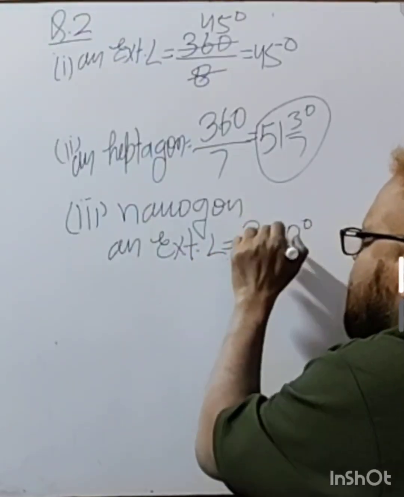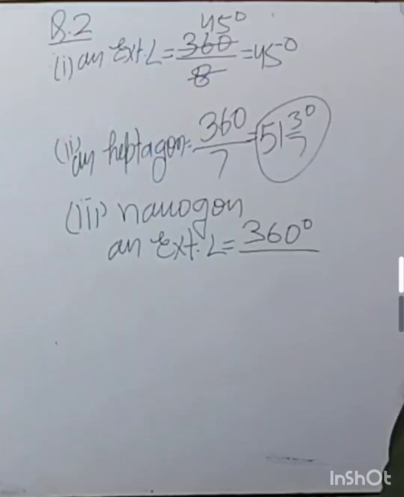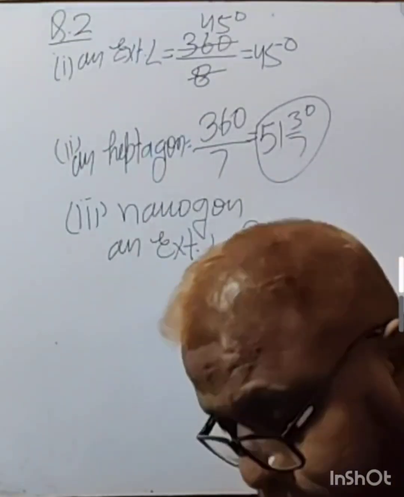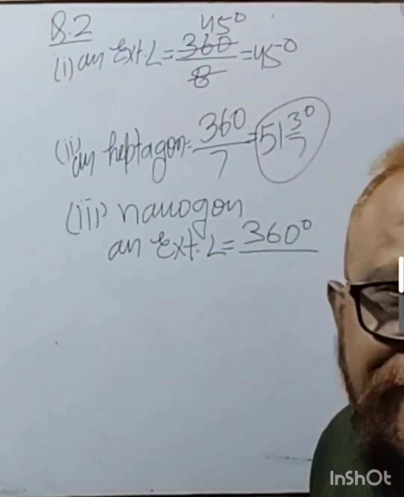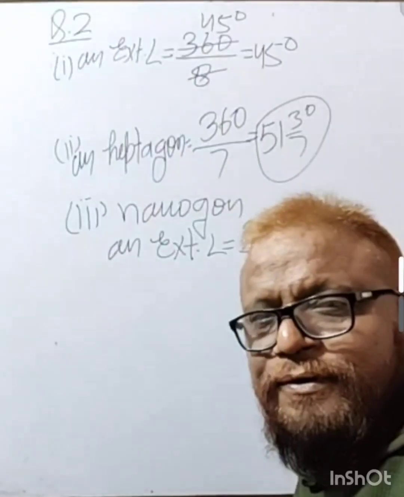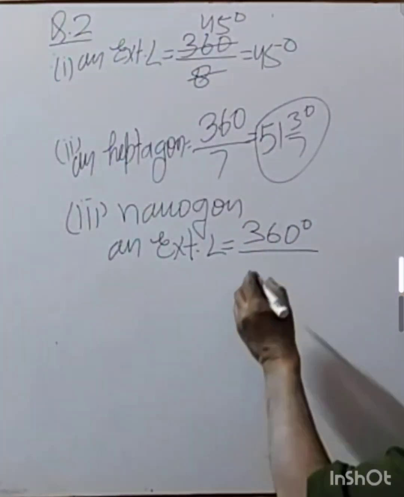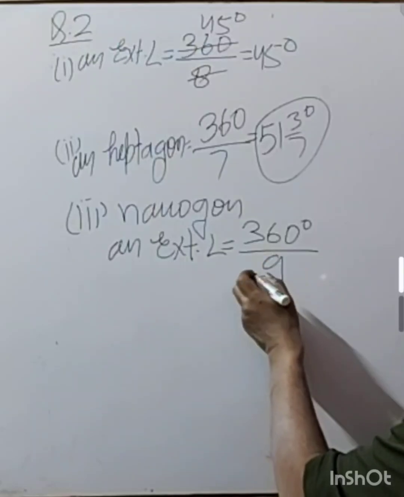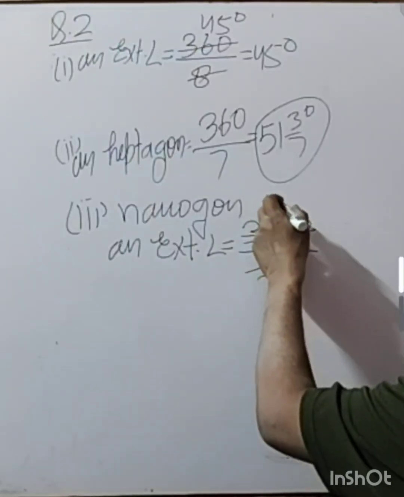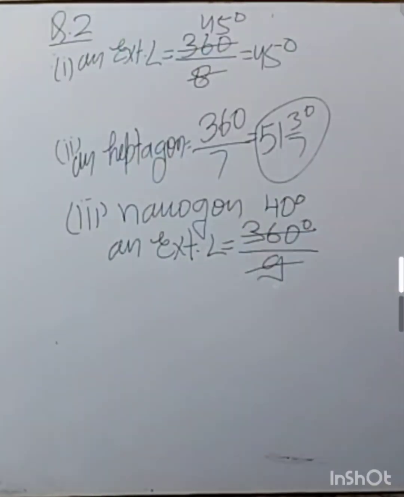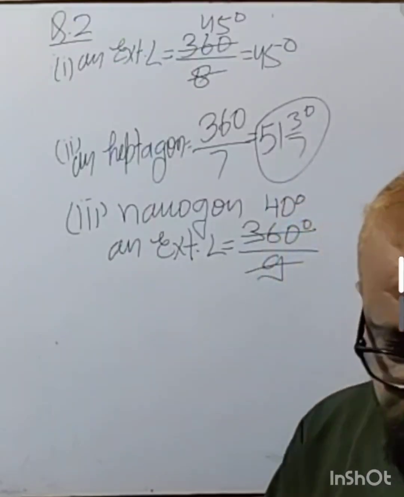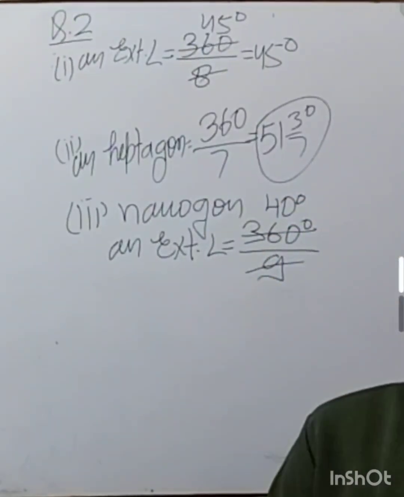What do you mean by nonagon? How many sides? 9. Yeah, great. 360 divided by 9 is 40. Yes, it's 40 degree. Get it? Okay.